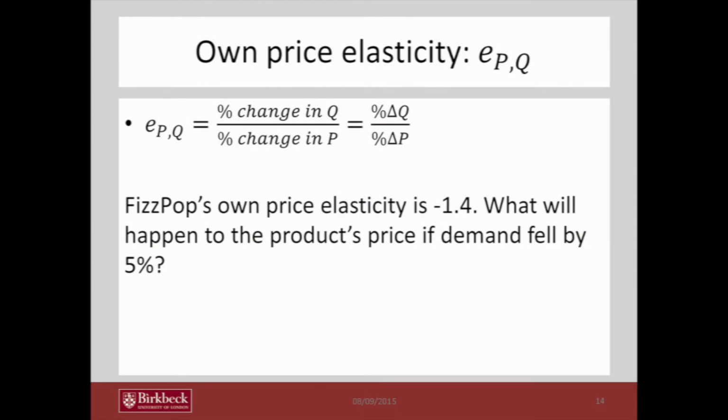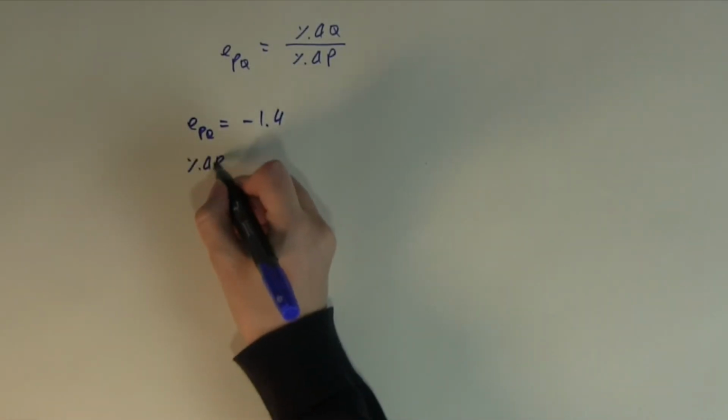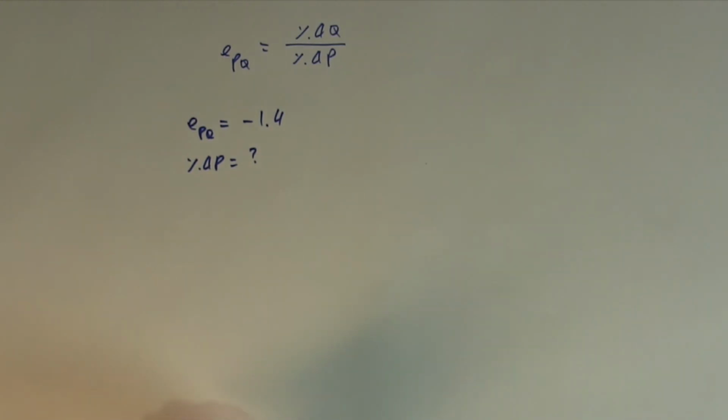One more example, and it's still around the own price elasticity. So EPQ equals percentage change in quantity divided by the percentage change in price. In the question we know that Fizz Pop's own price elasticity is minus 1.4. The question is now, what will happen to the price, not to the quantity as previously, but what will happen to the price if demand fell by 5%?